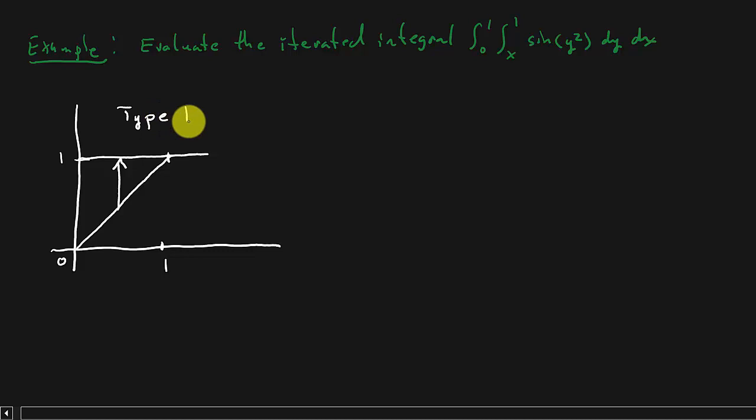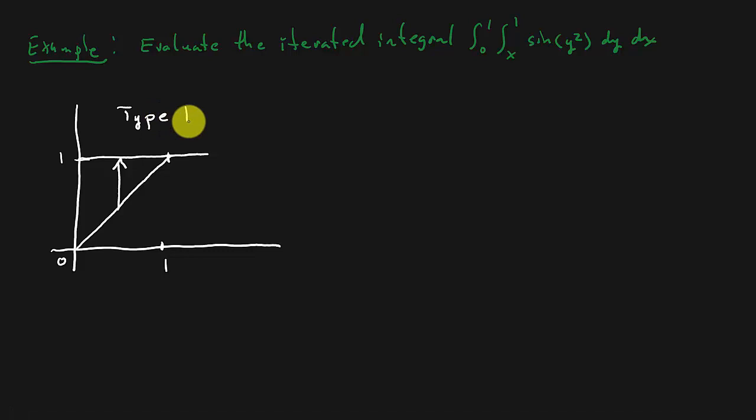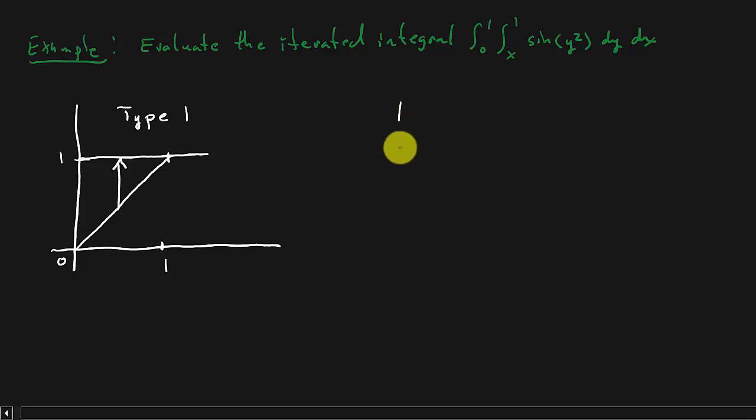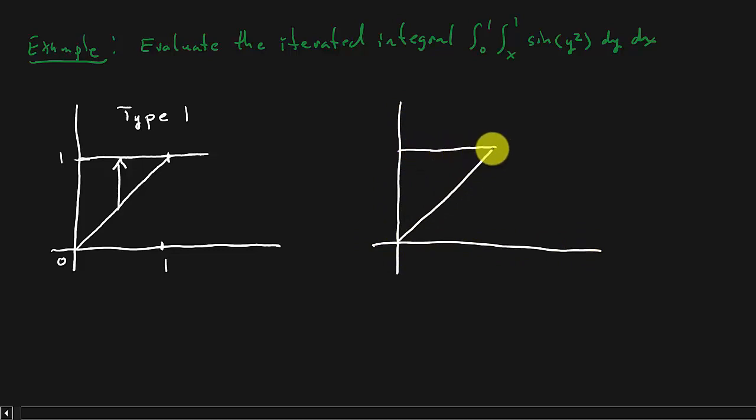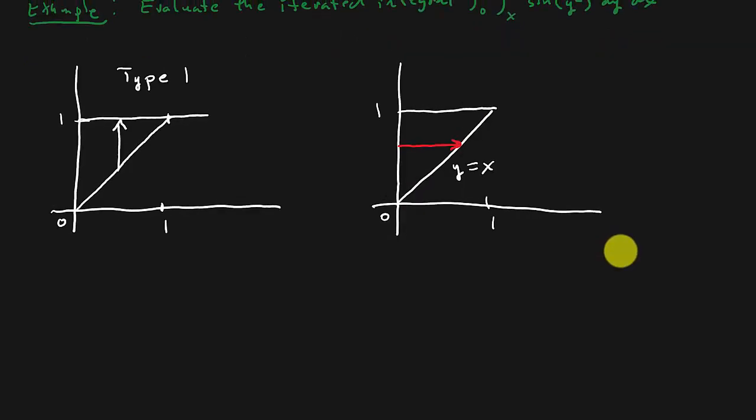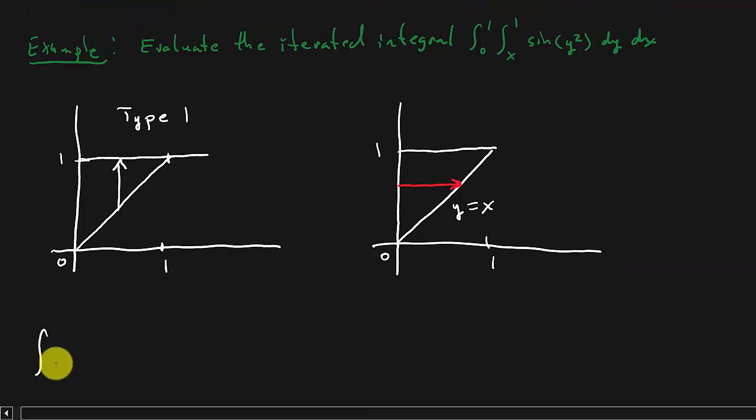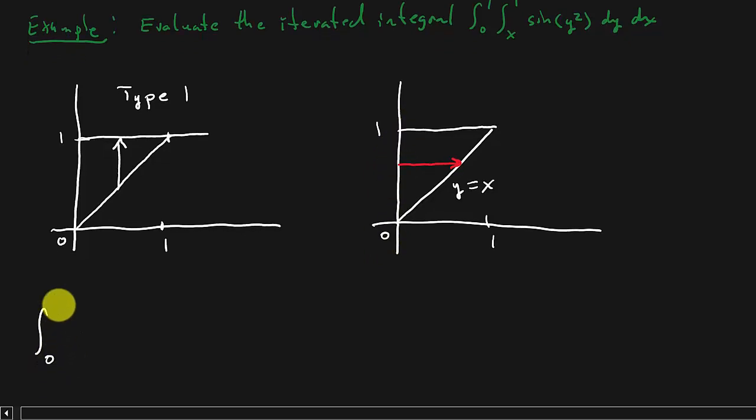So we want to change the order. We're going to change it to a type 2. We already drew it here. We know that's 1, that's 0, and this is y equals x. Remember, we're changing it to a type 2, so the bounds on the outside are our y values, from 0 to 1.